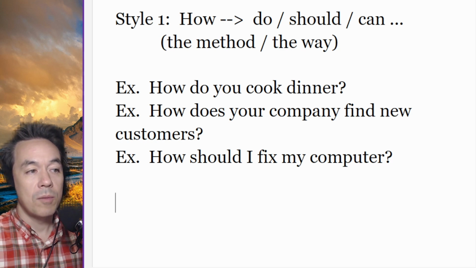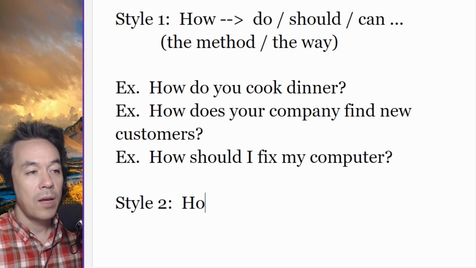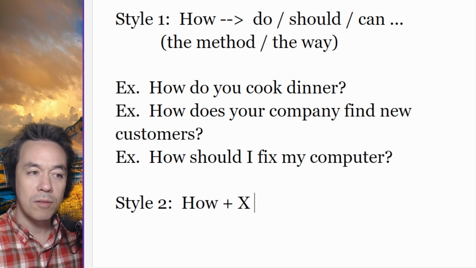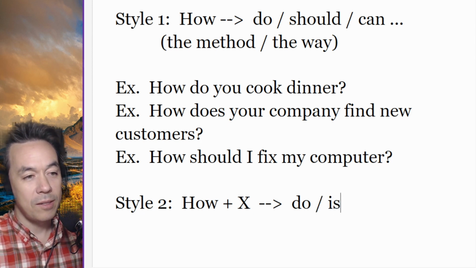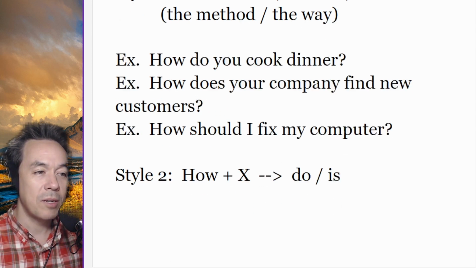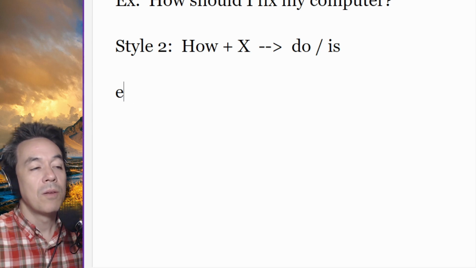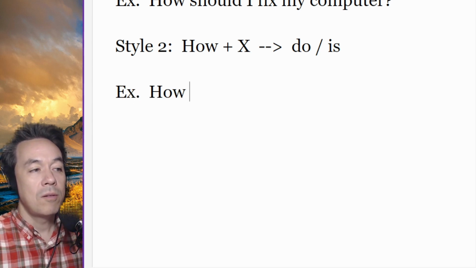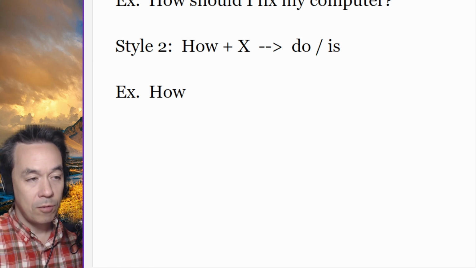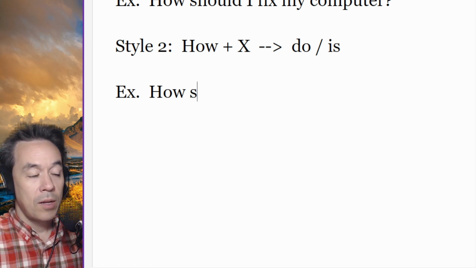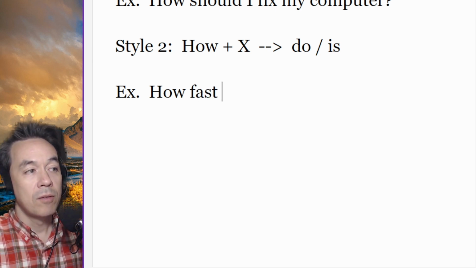All right, and then number two is how plus something else, some other word there, and then we go to usually do or is. Yeah, so that's why we spent more time on this second one. For example, how often, how fast is your new car?